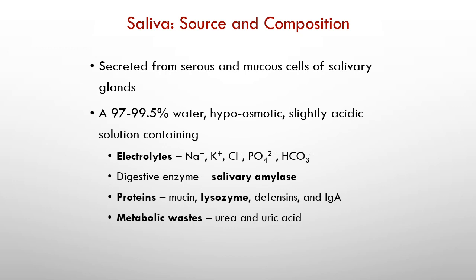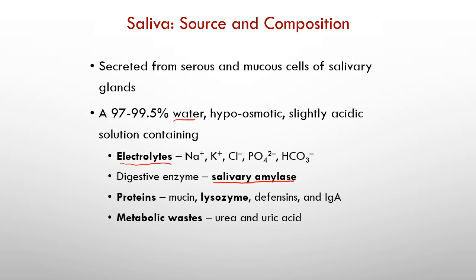What's inside the saliva? The majority of it is water, but it also has other components like that of the plasma, so we have different electrolytes that we can find there. Our one digestive enzyme is salivary amylase, to start to break down things.